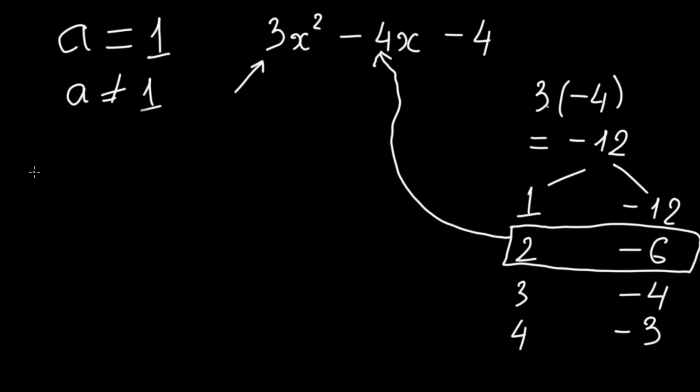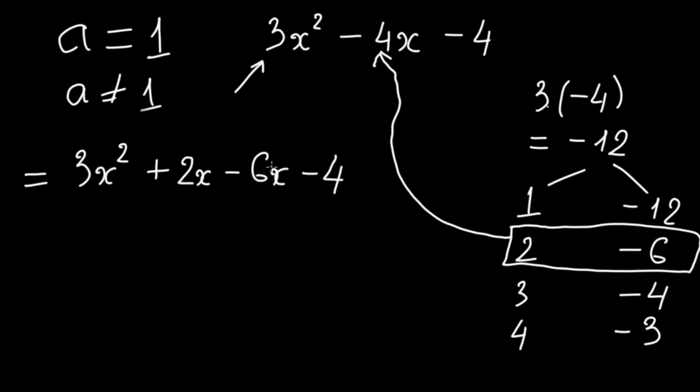So what are we gonna do next is, 3x squared minus 4x minus 4 is equal to 3x squared, right? We write down negative 4x in two terms, 2x and negative 6x, right? So we put plus 2x right here and minus 6x, minus 4, right?